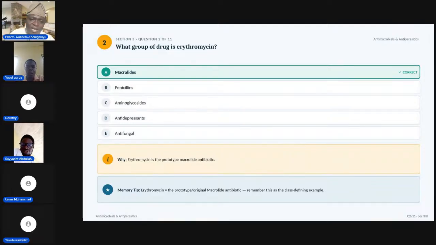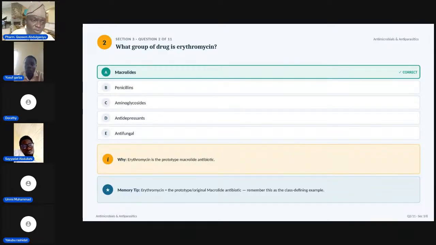I could say the following drugs are macrolides, or all of the following except one is a macrolide, and I'll put erythromycin in the option and put macrolide up there. So they're asking you for macrolide, that will be it.